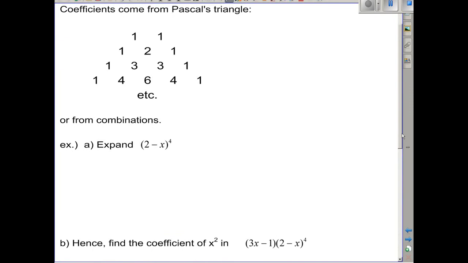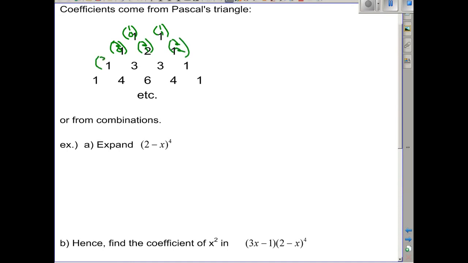Or you can think of this as coming from combinations. If we were to write Pascal's triangle in terms of combinations and start at this row with 2 entries, this would come from 1C0, then 1C1. The next row would be 2C0, 2C1, 2C2.